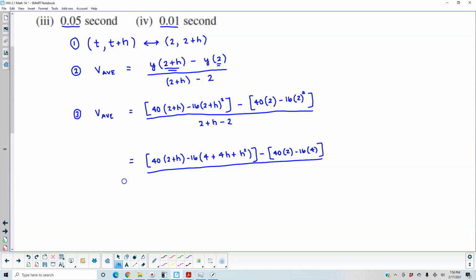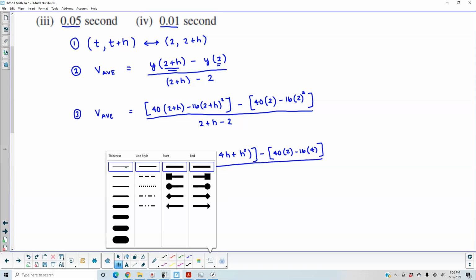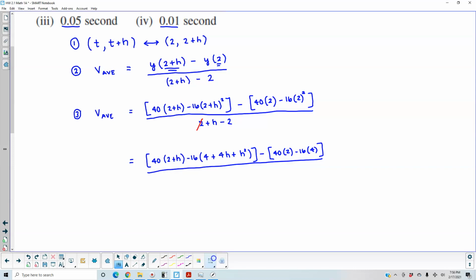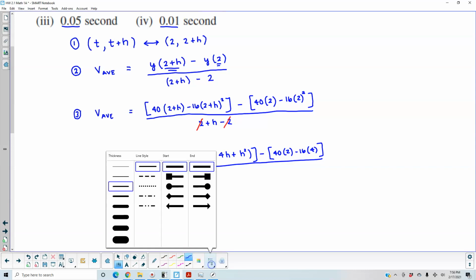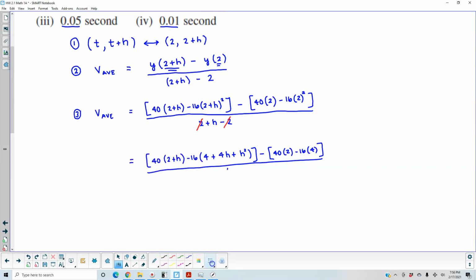In our denominator, we can eliminate a like term, meaning 2 minus 2 is 0, so what's left is h.